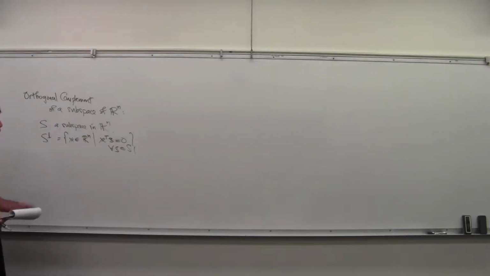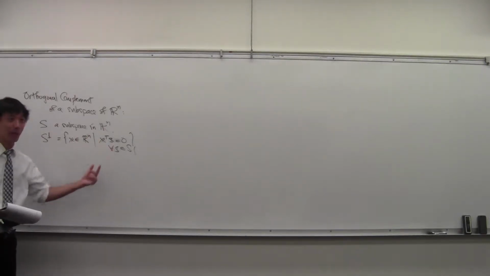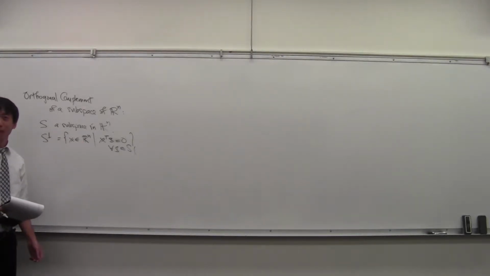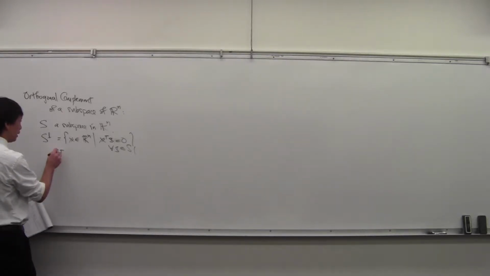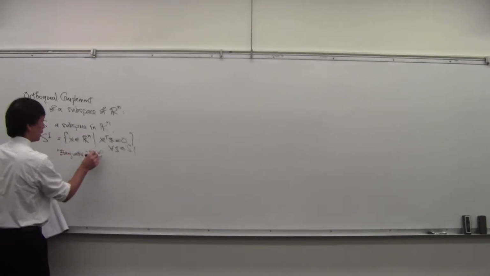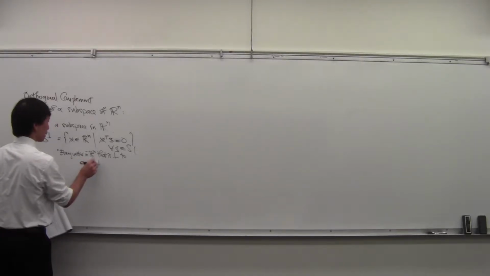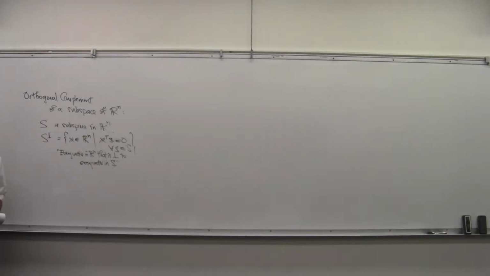The set of every vector in Rn that's perpendicular to every vector in S. I don't know if that's good English, but let's say that. Okay, and then we had proven a couple of small facts about these subspaces.